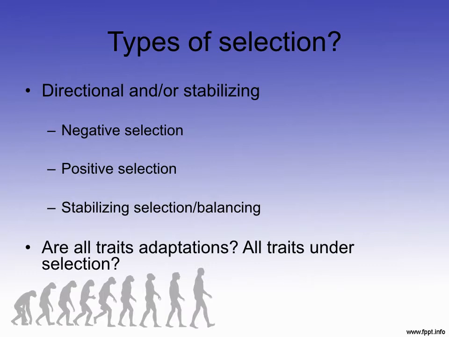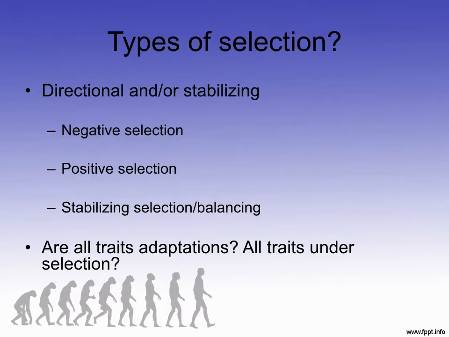So an example that we'll talk about later in the quarter is sickle cell trait. This mutation that causes sickle cell is actually maintained in the population because the heterozygote, an individual who carries one normal allele and one sickle allele, actually has an advantage in areas where malaria is endemic.